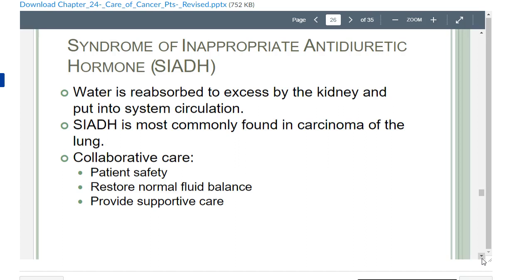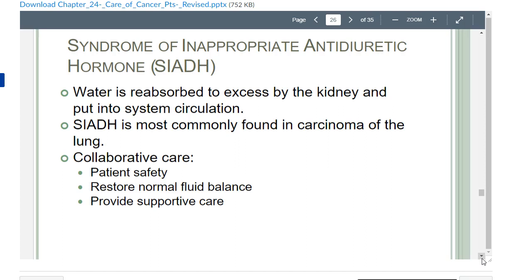And this is obviously an oversecretion of ADH, and many of the tumors that our patients acquire will actually secrete ADH and develop this syndrome called syndrome of inappropriate antidiuretic hormone, okay? And as I said before, ADH is secreted by the post-pituitary, and basically what ADH does, it helps control the water levels in our body.